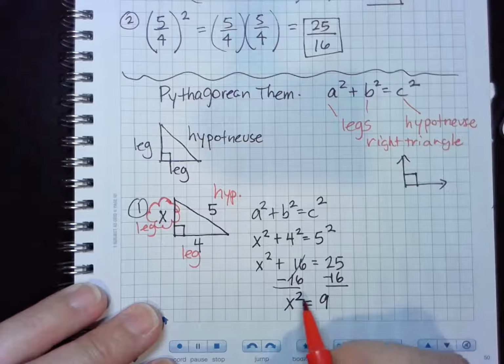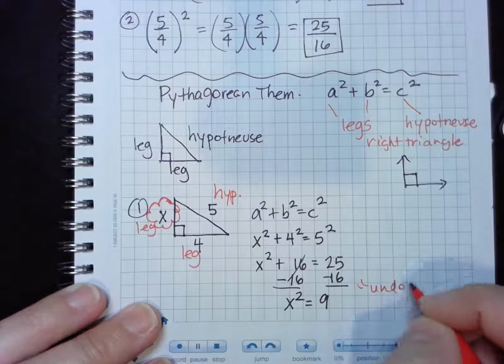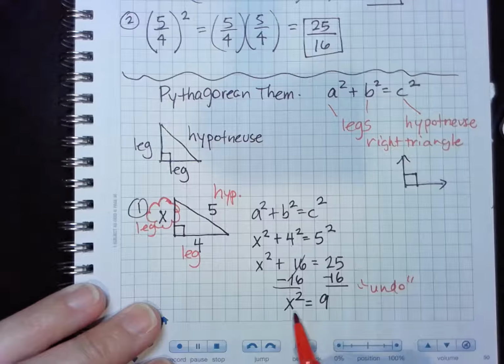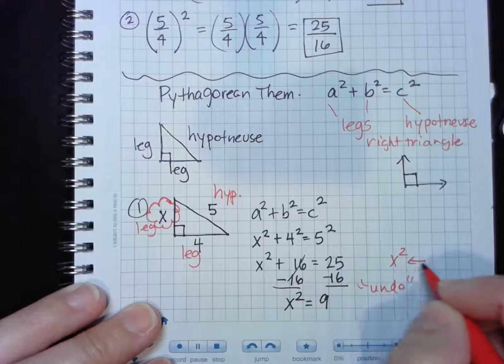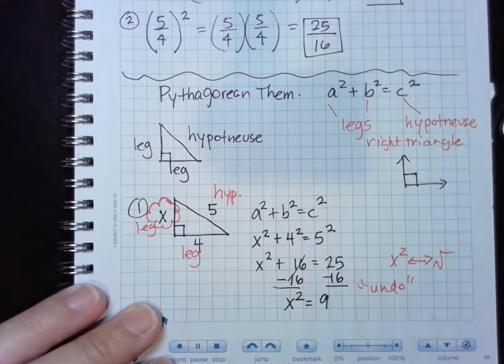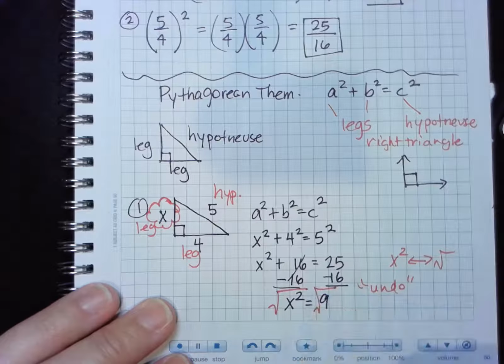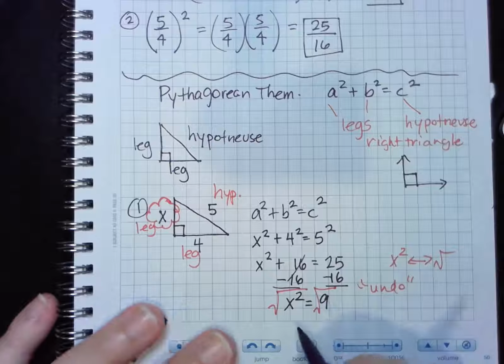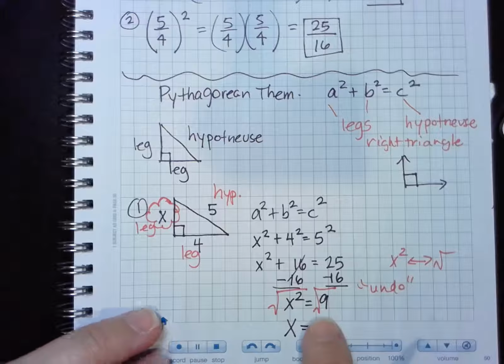So I have to, I call it undo. Okay, so I have to undo the square, and I undo the square with a square root. So I would take the square root of both sides, and so that'll give me x, and x is equal to the square root of 9.